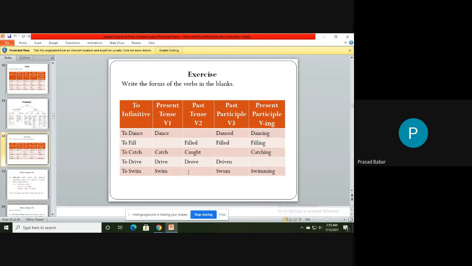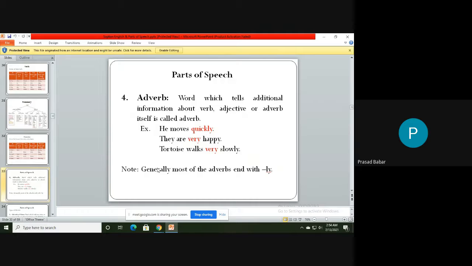Okay, it will be swam, S-W-A-M. Swim, swam, swum. So swam will come in this blank space, and its fourth form, or ing form, will be swimming. So this is the exercise.